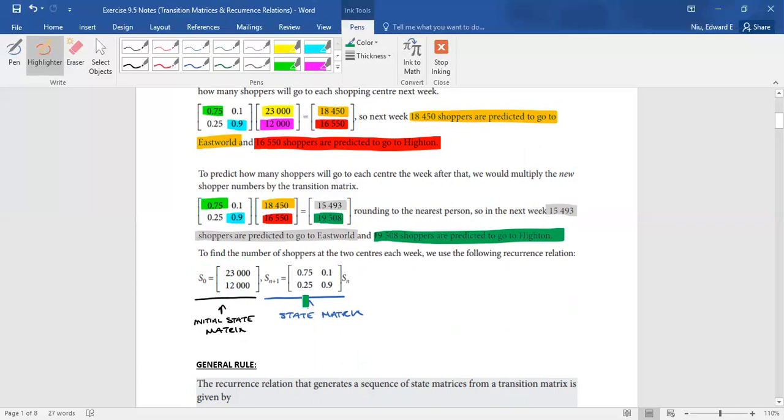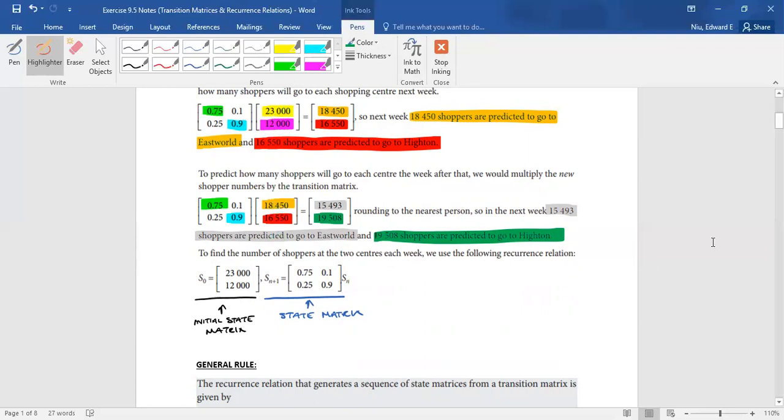That's the start. And then Sn plus 1, notice how recurrence relations always have that plus 1 because we're figuring out the week afters, and we take the transition matrix and multiply it with the answer from before, which is what's happened in the secondary one, as we've just shown above.